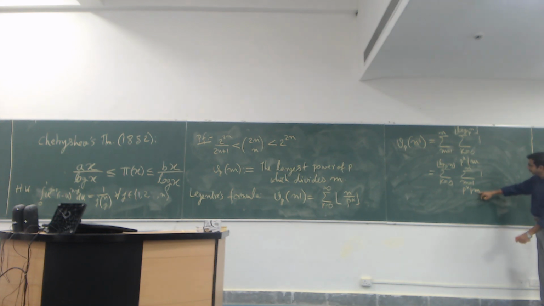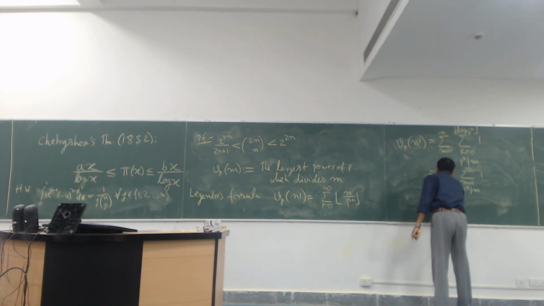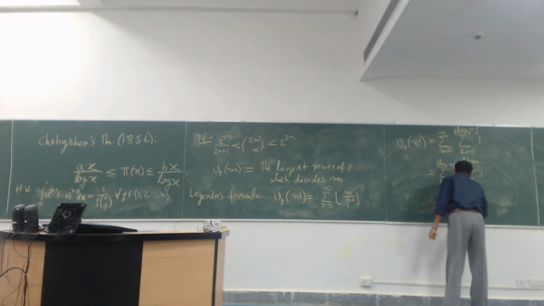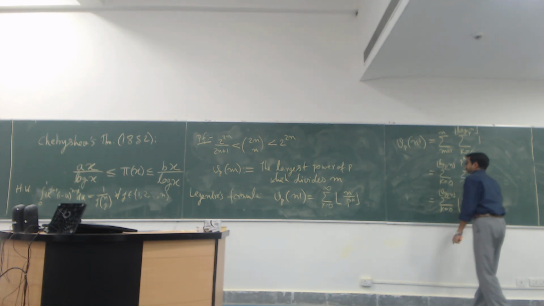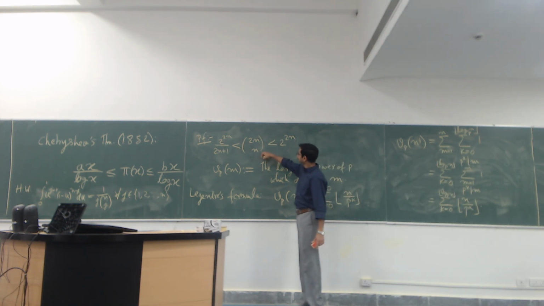Now, how many multiples of p^k are there between 1 to n? Those are exactly floor of n over p^k. So that's how we get that this is the summation k running from 0 to log_p n of floor of n over p^k. So using this, we will get the p-adic valuation of n factorial.